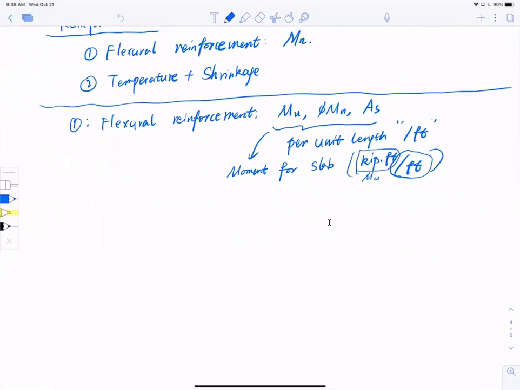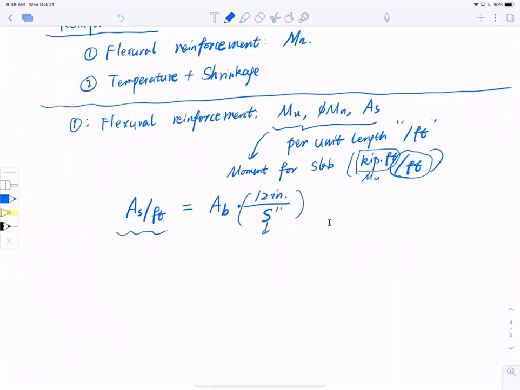So when you calculate the area of steel, AS, per foot, this is the required steel, that is equal to the area of bar you provided multiplied by 12 inch, the per foot unit, divided by the spacing.